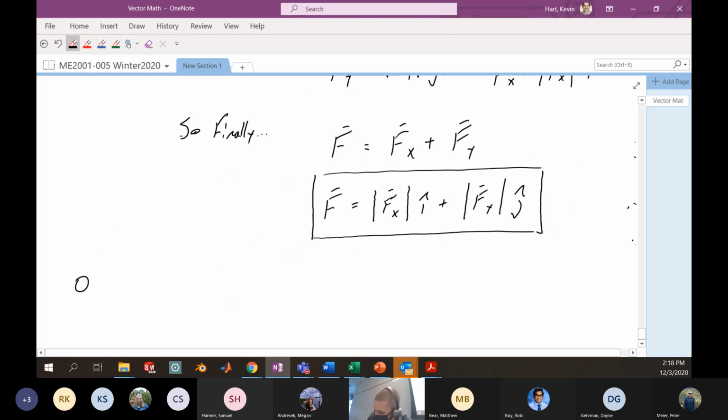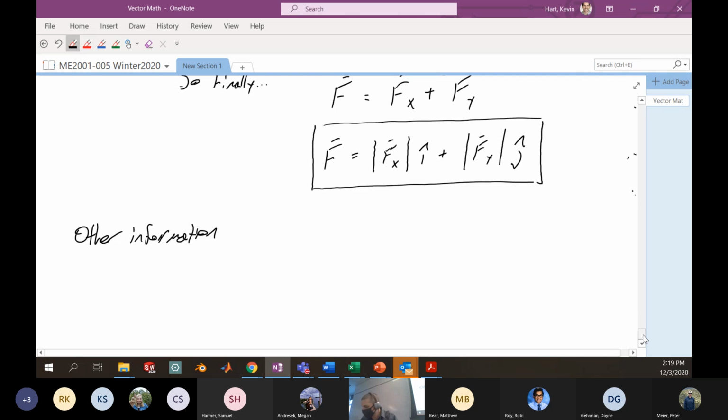So, other information. Because we've assigned i and j as orthogonal to each other, right? The x direction and y direction are 90 degrees from each other. We've made ourselves a nifty little right triangle here, okay? So we can use some of the things that we know about right triangles to help us on our way.